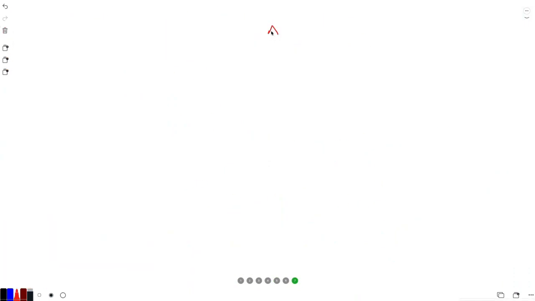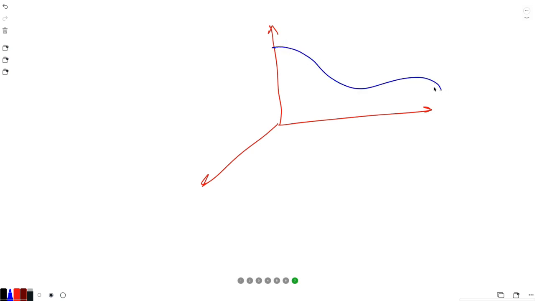It is not easy to draw a three-dimensional figure, but I will do my best. So assume that we have a figure like this. You can see this is a surface.